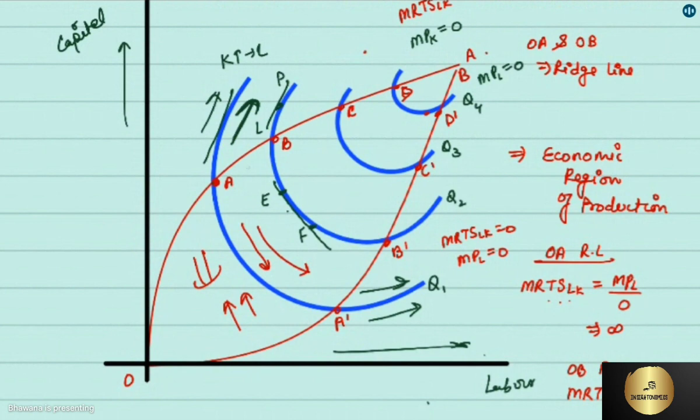Beyond these ridge lines, the marginal product of one of the factors becomes 0, and if you further increase the labor or capital, this leads to inefficiency, because a rational producer will not go for this.